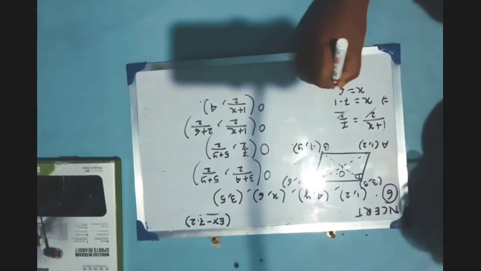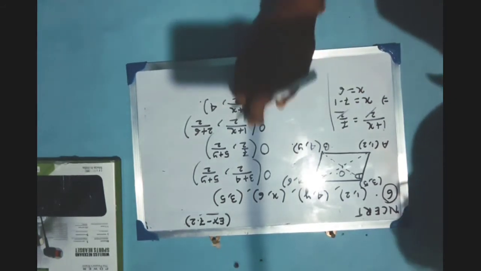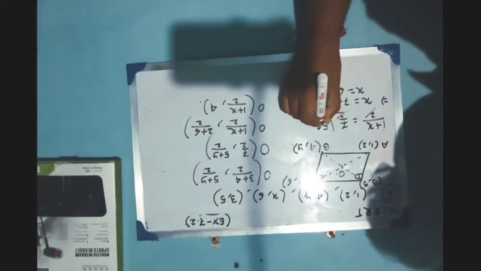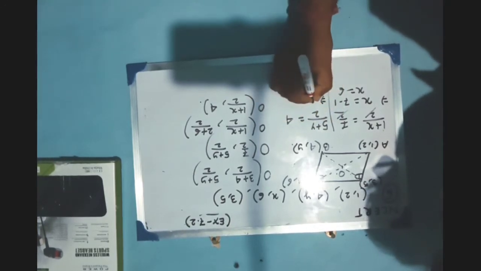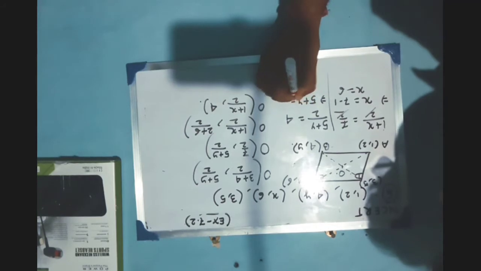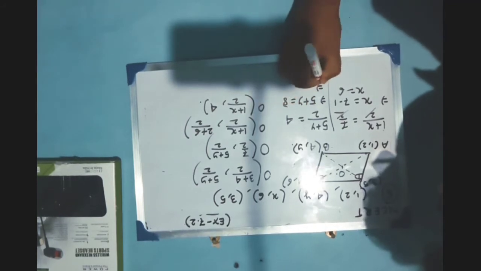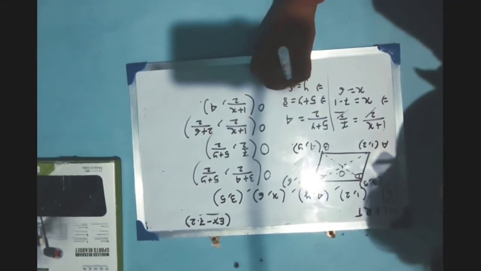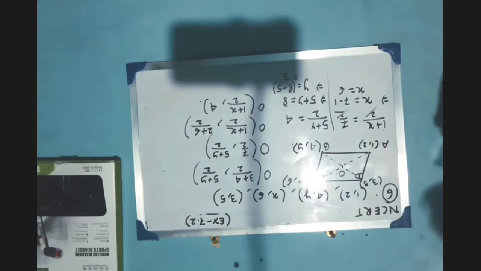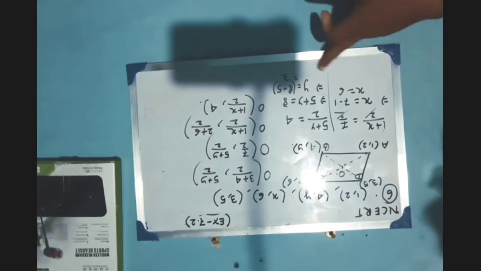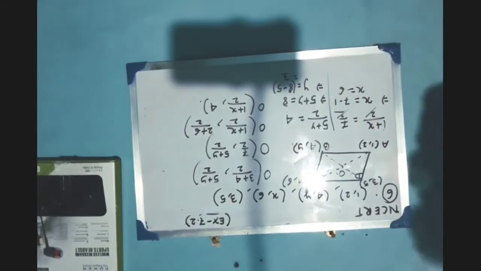So x is equal to 6, and (5 plus y) by 2 equals 4. So 5 plus y is equal to 8, so y is equal to 8 minus 5, which is 3. So x is equal to 6, y is equal to 3, and these are the values of x and y.